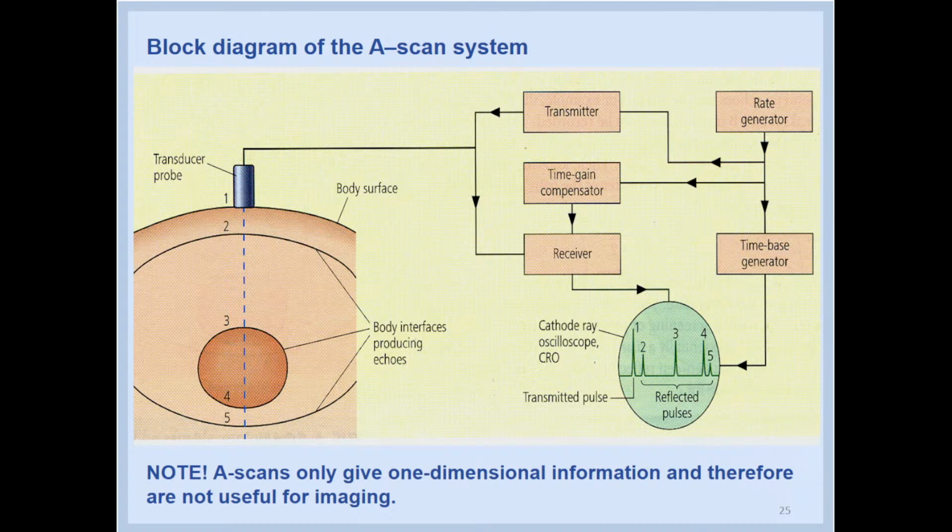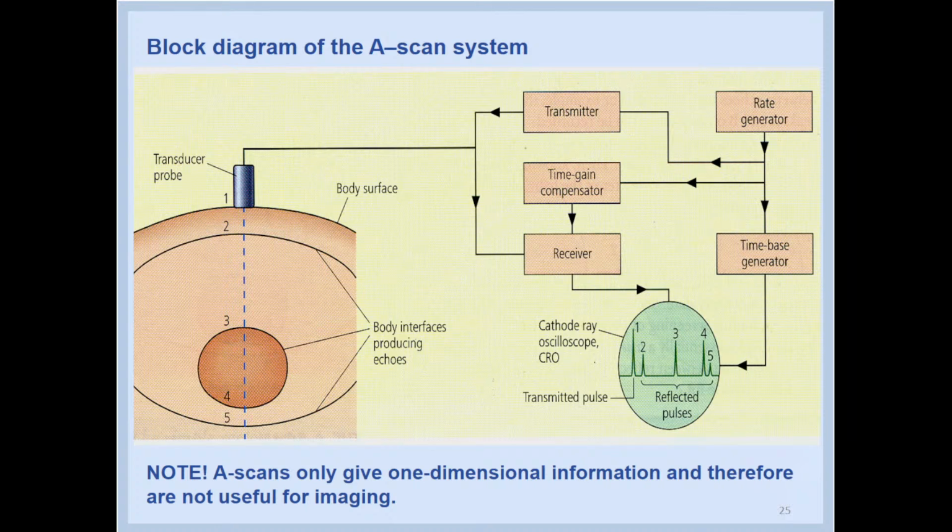A voltage is generated in the transducer probe whenever an ultrasound reflected pulse is returned from the patient. These voltages are amplified at the receiver and applied to the Y plates of the cathode ray oscilloscope, causing a vertical deflection of the moving spot.